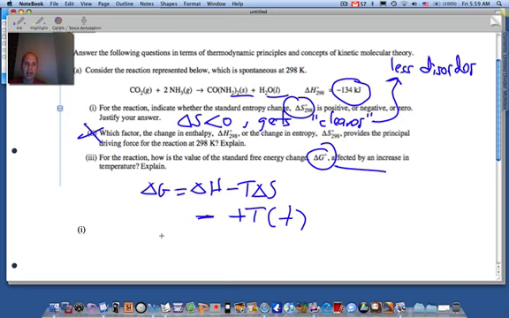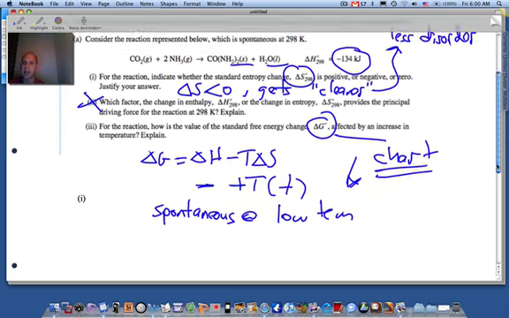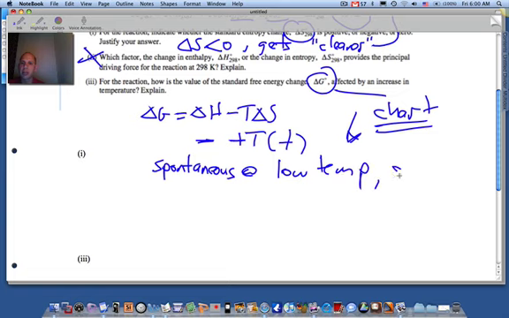So it's spontaneous at low temps. Now, every time I say this, guys, you can look on your chart that I gave you. I'm not just doing this out of my head. I'm thinking about that chart. Low temps. So increasing temp would decrease spontaneity.